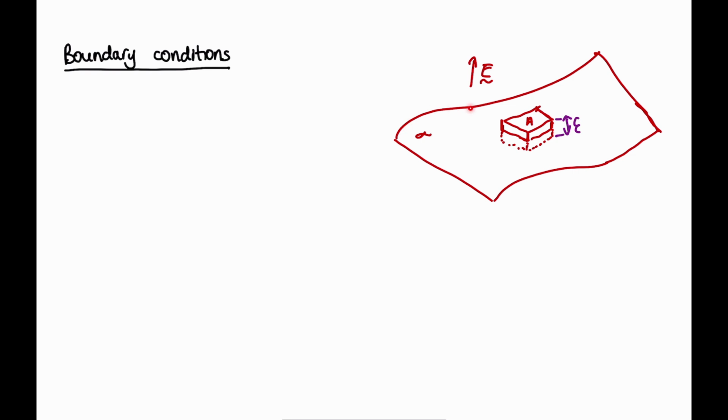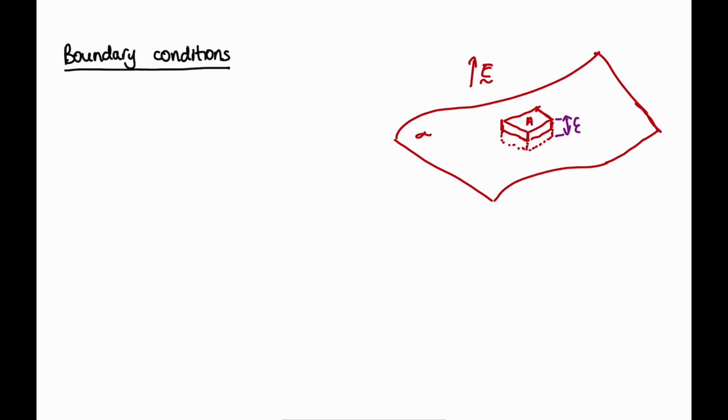So in order to do this, let's consider just a big plane of charge, surface charge density sigma, and then we are going to consider a little box like this, sometimes referred to as a pillbox.